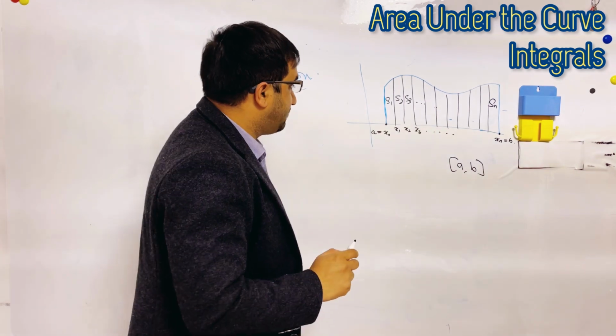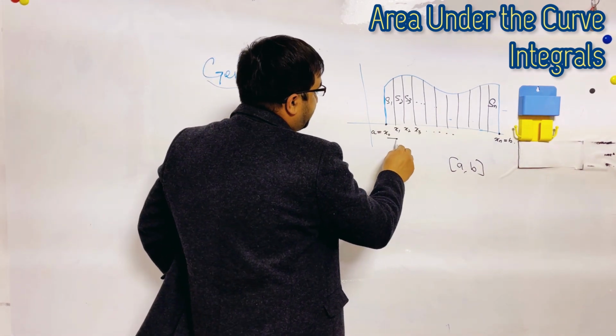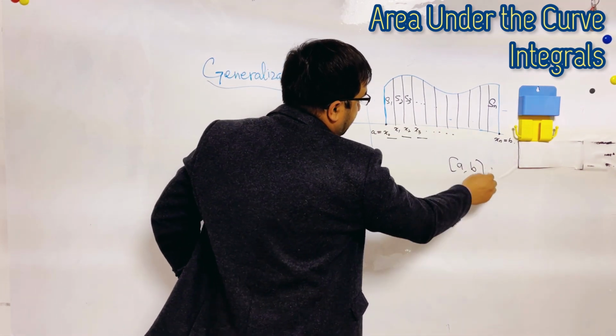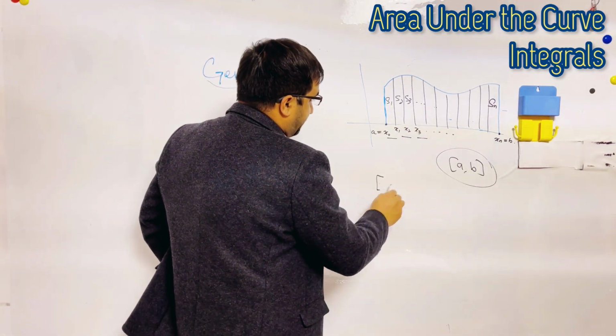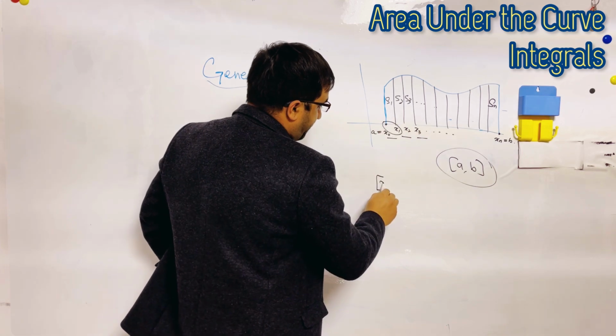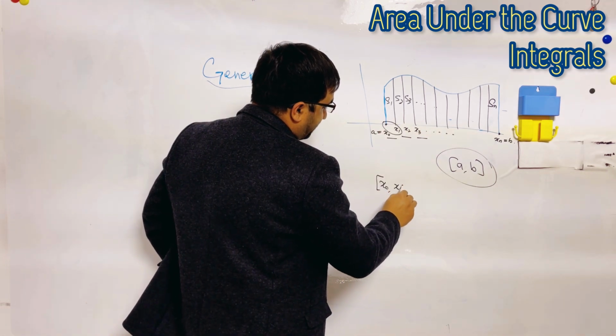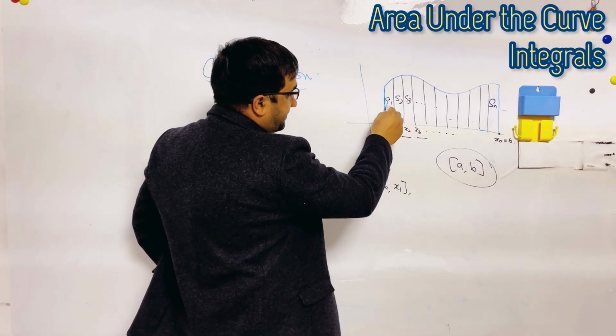So what I have actually done is split the big interval AB into small intervals. The first interval is x0, x1, the first slice.